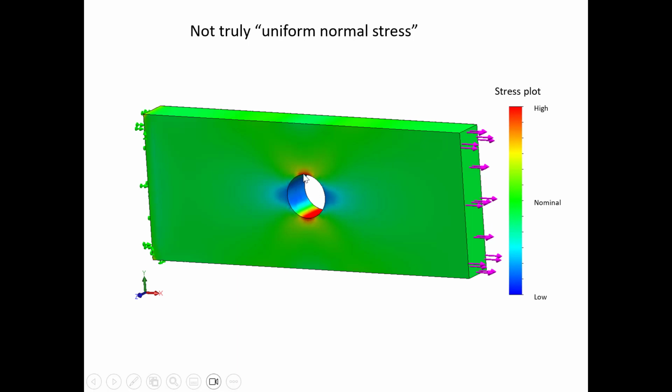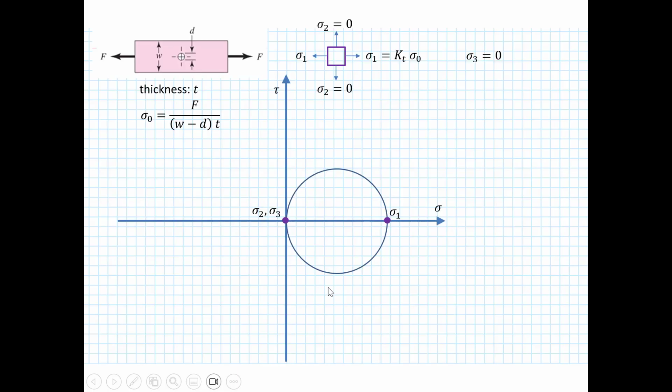So the top part gets stretched and it's red, tensile, and the sides get kind of pinched, compressed, so it's blue. So blue is a very low stress, red's a very high stress, and based on my numbers, it was about right. Whatever the nominal value was, the red was about 2.3 times higher. So it worked out about right.